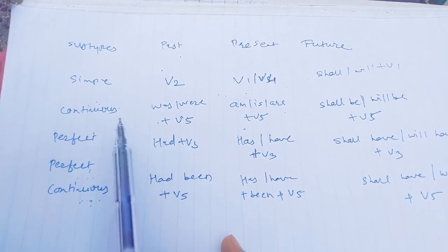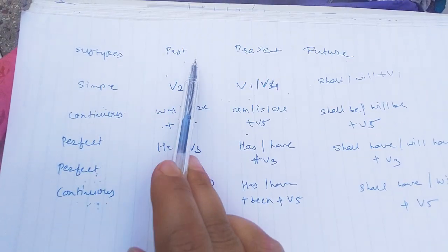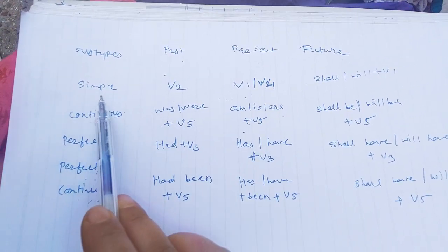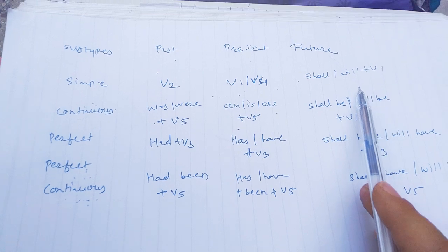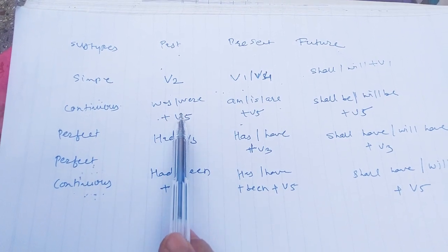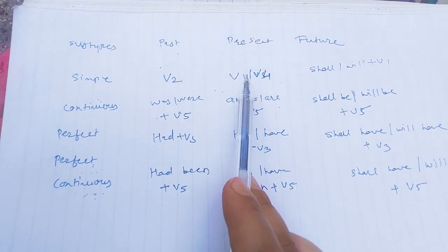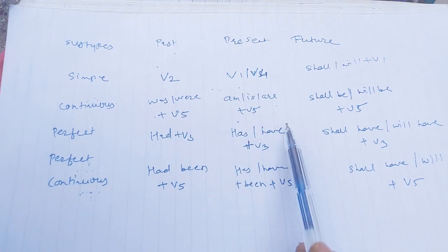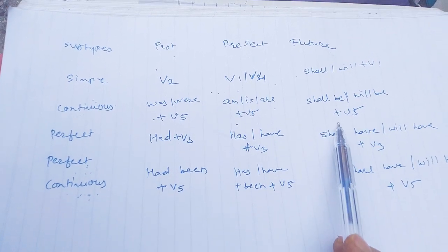See, I am repeating it here. Simple past V2, simple present V1 or V4, simple future shall or will plus V1, past continuous was or were plus V5, present continuous am, is, are plus V5, future continuous shall be or will be plus V5.